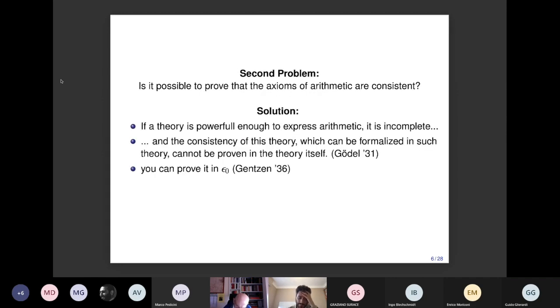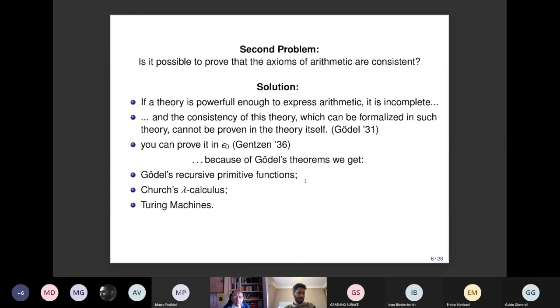And the answer took a lot of time, but we know from Gödel's theorem that if we have a theory in which we can express arithmetic, then it is incomplete, and you cannot prove the consistency of the theory within itself. And another, more complete answer comes from Gentzen in '36, when he says, okay, you can prove the consistency of arithmetic, but you need induction over epsilon 0.